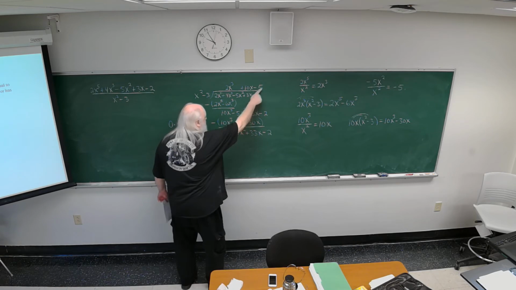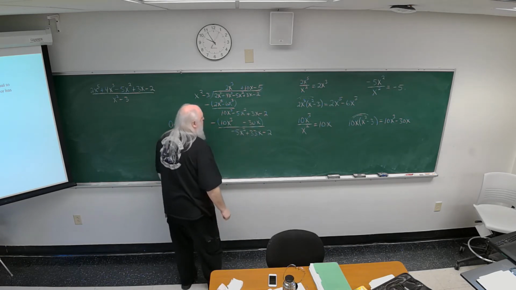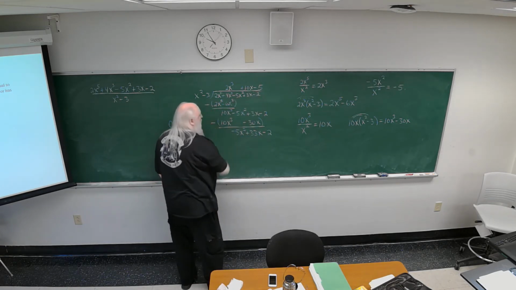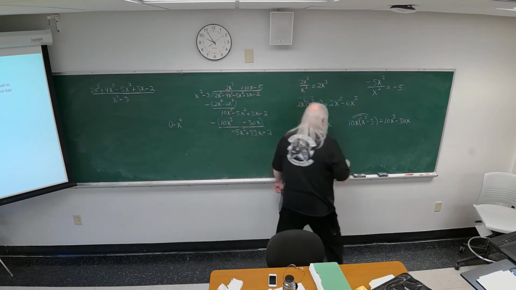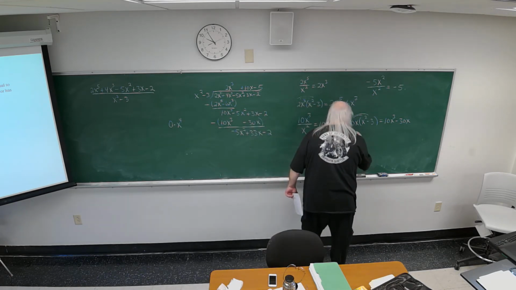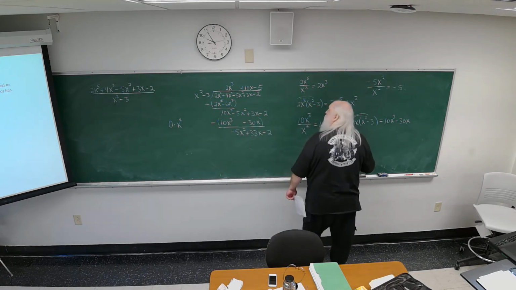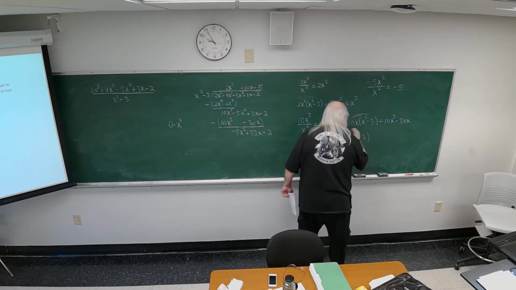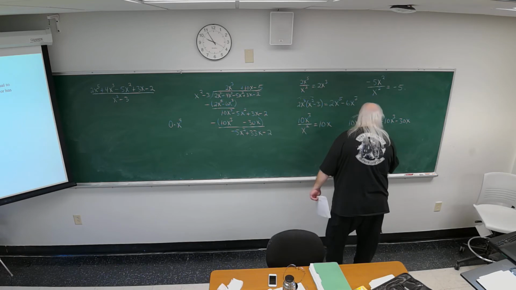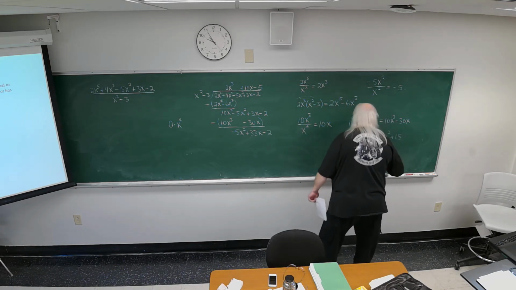So I put minus 5 above the minus 2 in the original dividend. Now I multiply minus 5 times the divisor. And when I distribute the minus 5, I have minus 5x squared plus 15.